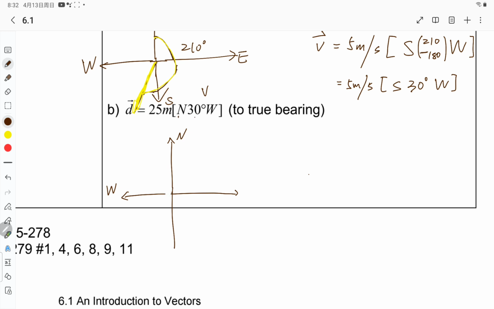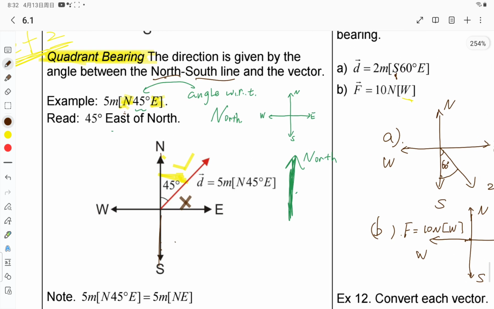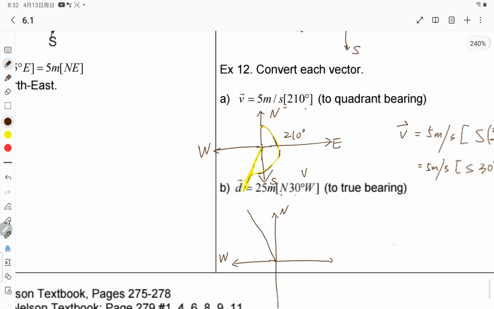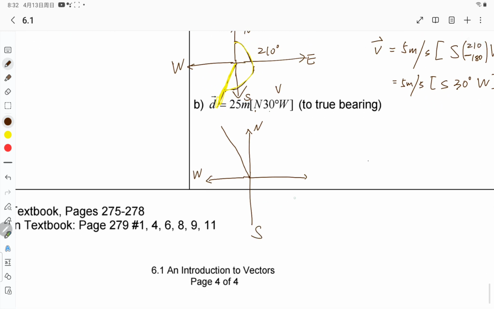We just stick to the definition that the quadrant bearing is always the angle between the north-south line and the vector. Read this definition: the direction is always given by the angle between the north-south line and the vector. The north-south line is a vertical line, and the vector is of course in the quadrant of north and west.